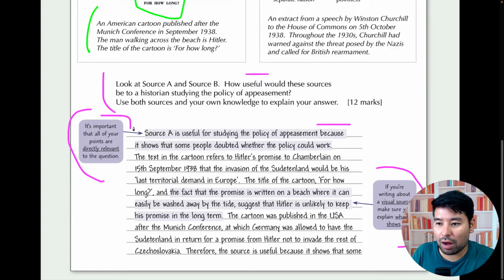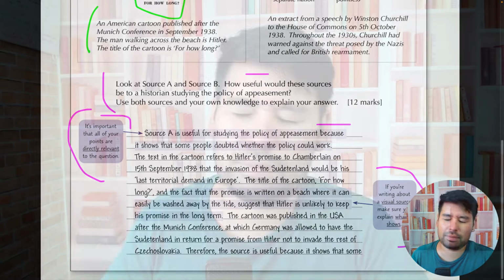It is important that all of your points are directly relevant to the question. When I say all your points, I mean that everything that you're going to say when you start your answer, it is very important that the reader catches right away. As soon as he starts reading, he knows what you are talking about. Do not complicate your answer too much.